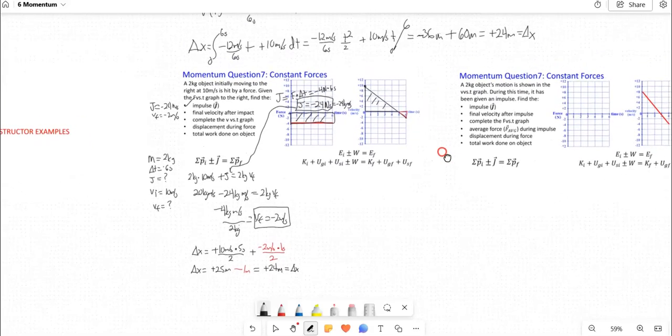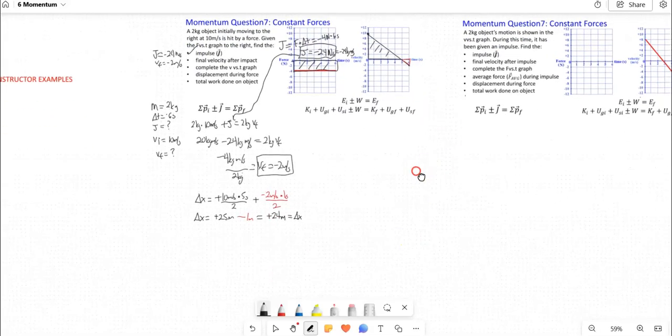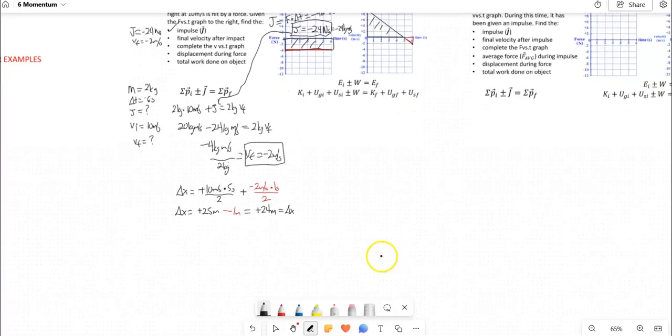Okay. Well, now that we have displacement as 24, we could just calculate work really quickly. There's a couple ways to do that. Work is just force times displacement, right?